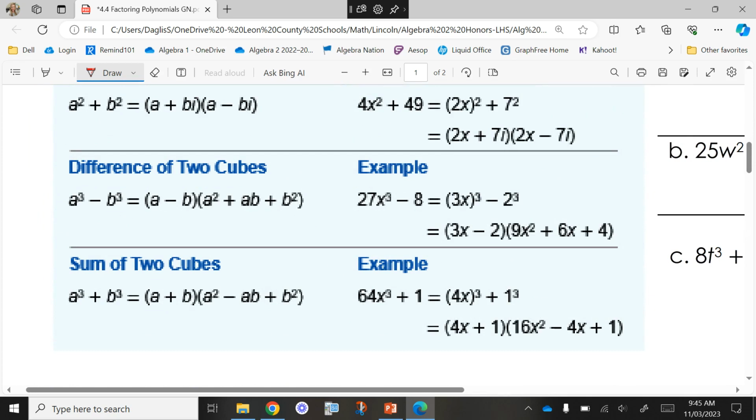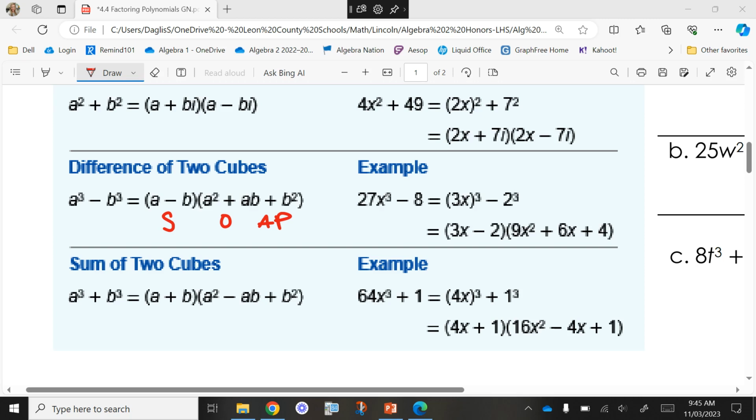Okay, so I got something to help you to remember their signs. I have SOAP. Same, opposite, always positive. So the first sign is the same, it matches the original. Your next sign will always be opposite. Your last sign will always be positive. Okay, so you got SOAP.